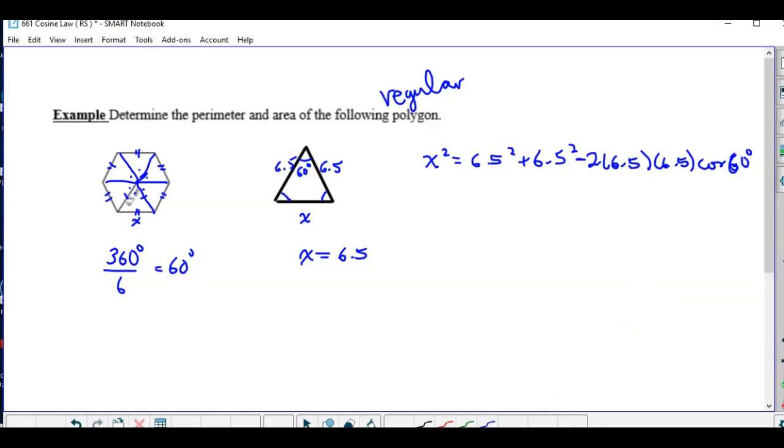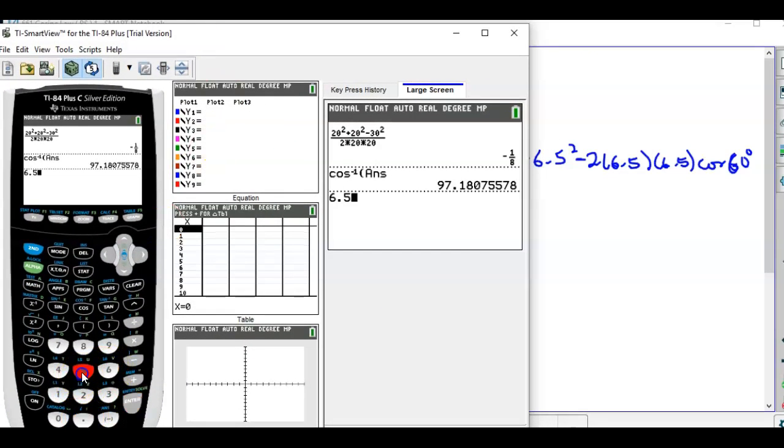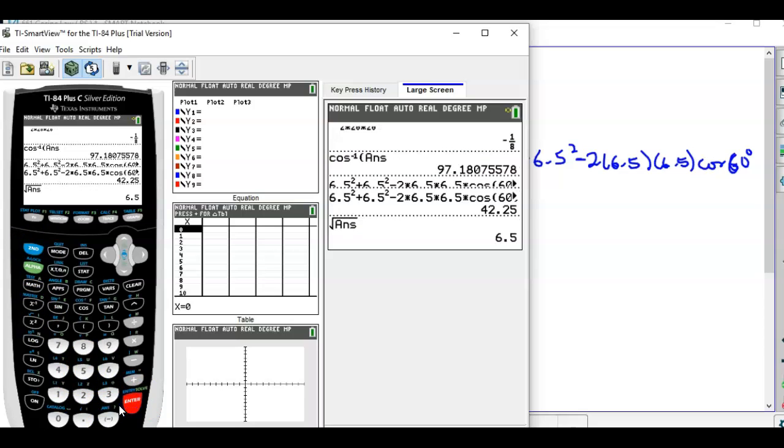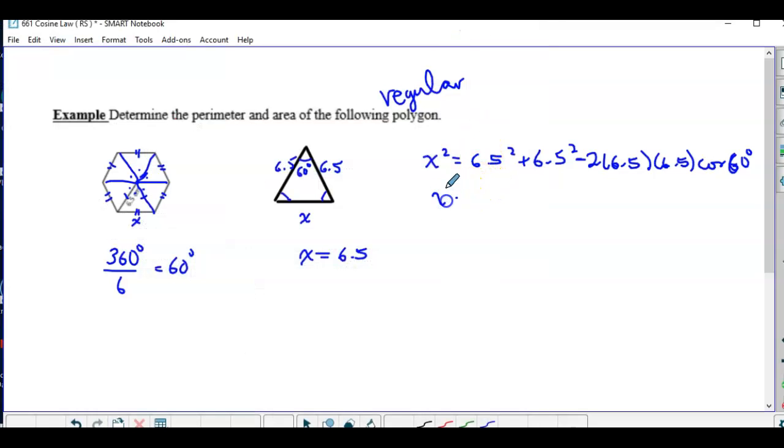If we get the calculator out, 6.5 squared plus 6.5 squared minus 2 times 6.5 times 6.5 times cos of 60, and then take the root of that, you get 6.5. So it does work. So x equals 6.5.